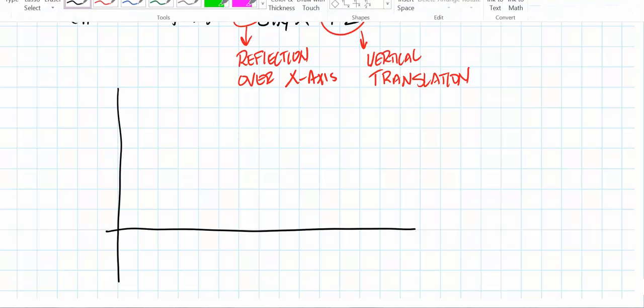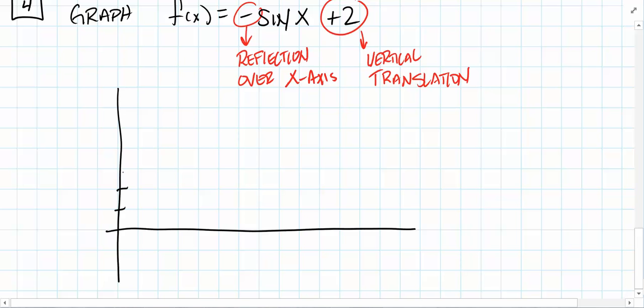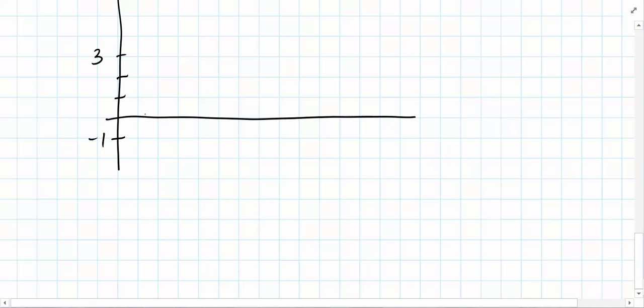So we'll go 1, 2, 3, and I'll call that -1 down there. The period is still 2 pi, so I'm still going from 0 to 2 pi, and these are all my quadrant angles: pi over 2, pi, 3 pi over 2.